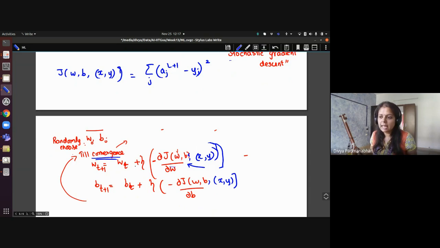Then you'll have one more step here: you iterate over each training instance. For each (x, y) in D_train, you keep doing this. And then you do this as many times as you need, till convergence.